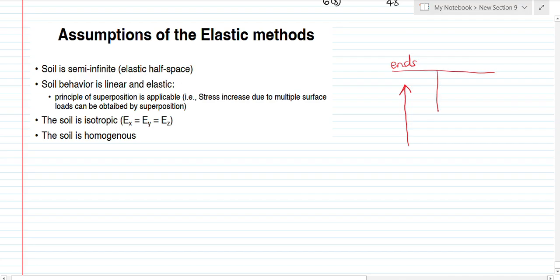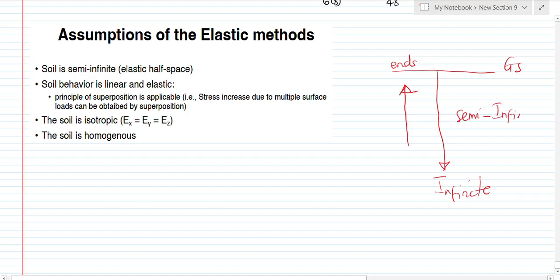But if you are moving from the surface of the soil downwards, we are assuming that the soil does not end, so in this case it is infinite as we are moving down. But if you are moving up from the soil bottom to the ground surface, it ends. So that is what we call semi-infinite.